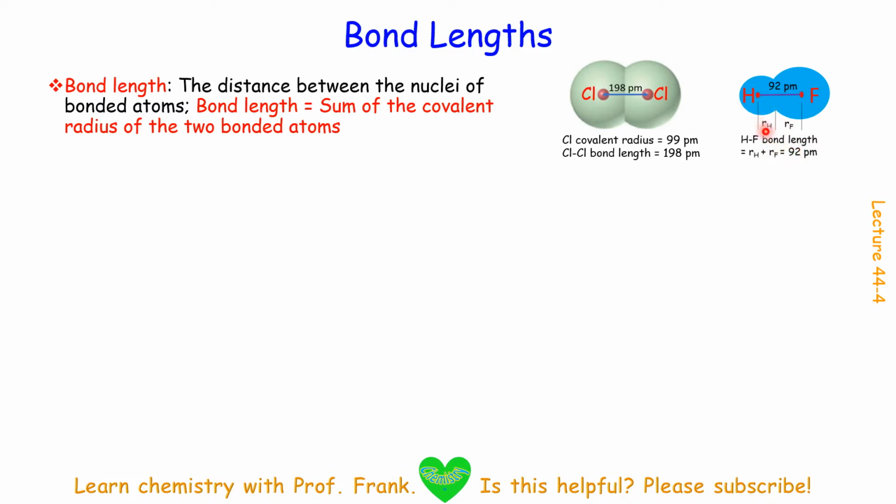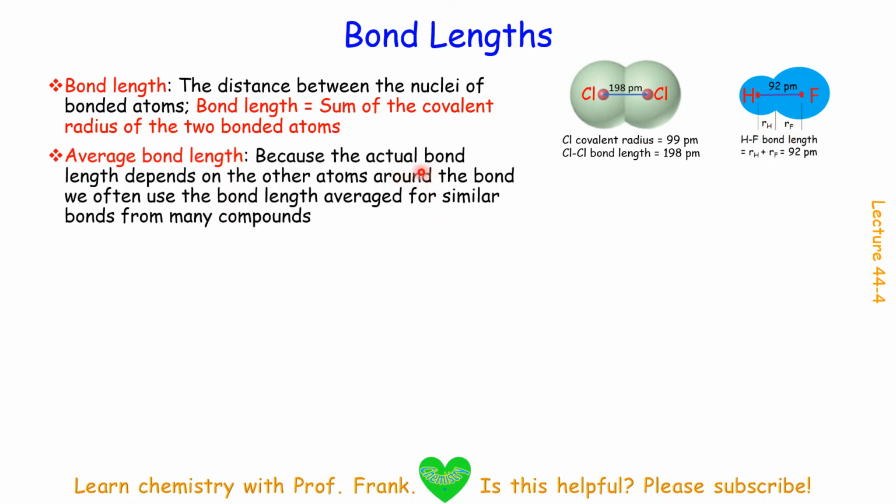That's hydrogen ion radius plus fluoride ion radius. Because the actual bond length depends on the other atoms around the bond, we often use the bond length average for similar bonds from many compounds.